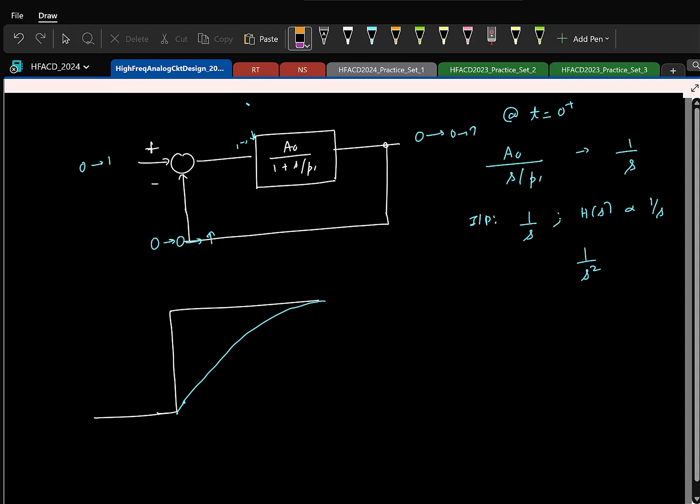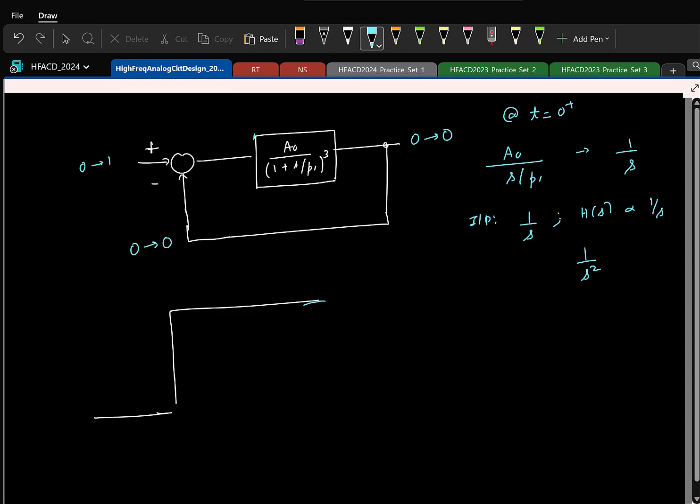I'll consider the same scenario. The output is also initially at 0. At t equal to 0 plus, nothing changes instantaneously.